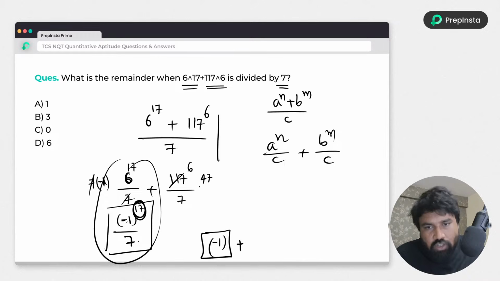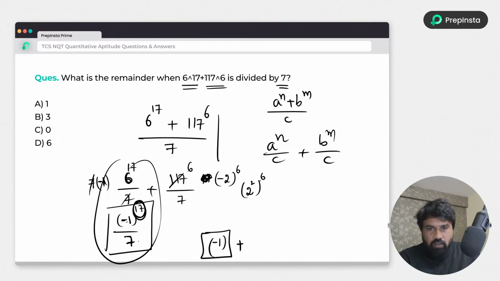If 47 also got cancelled, up to 49, so minus 2 whole power 6. So minus 2 whole power 6 means I can write minus 2 whole square and then power 3. Minus 2 whole square will become 4.